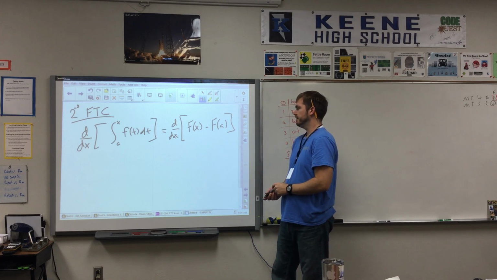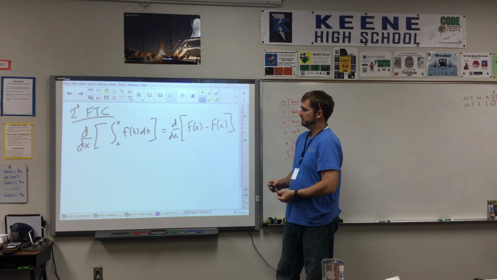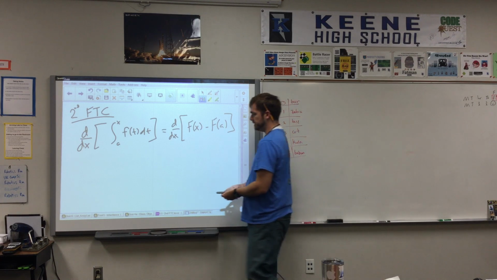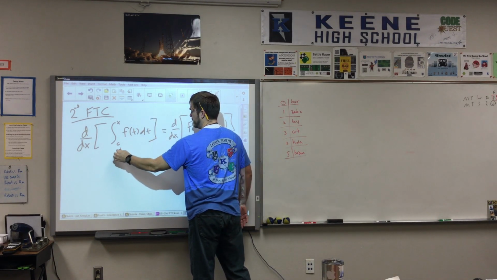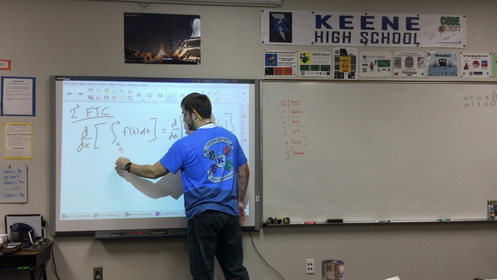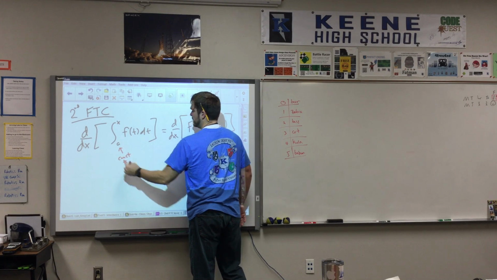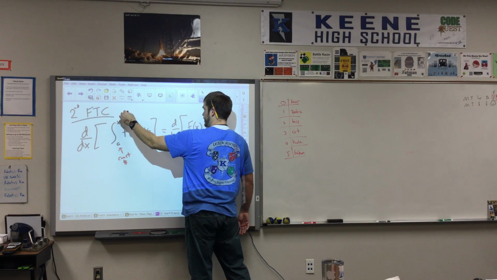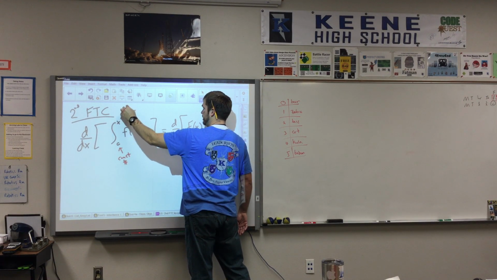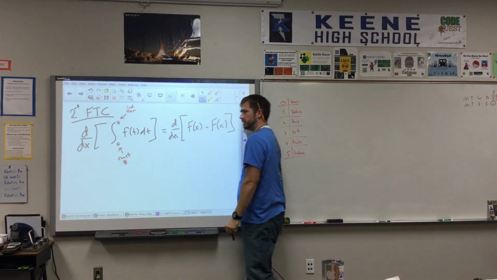All right. Now, just to be clear, what these terms are, a is a constant. It's a number. X is playing the role of an independent variable here.